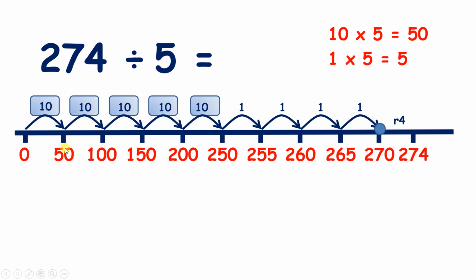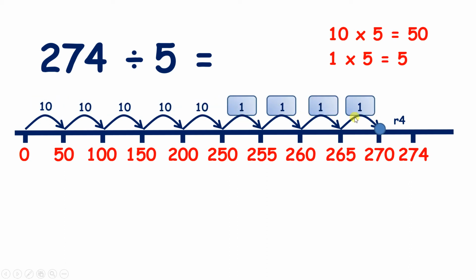So we counted in steps of 10 times 5, 5 times. So 50 times 5 got us to 250. And then we counted on another 4 steps of 5 to get us to 270. But then we needed another 4 for us to reach 274.